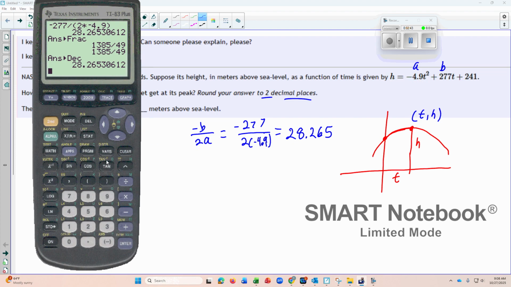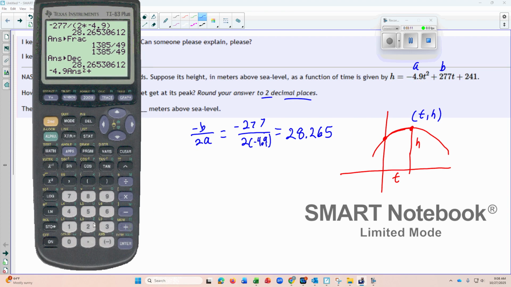The way you can do it on these graphing calculators is if I plug in negative 4.9, and then I press second and the negative key because it says answer in yellow right there. So I do that and see it says answer. So it takes my answer from up above, the 28.265 and so on. And I want to square that.